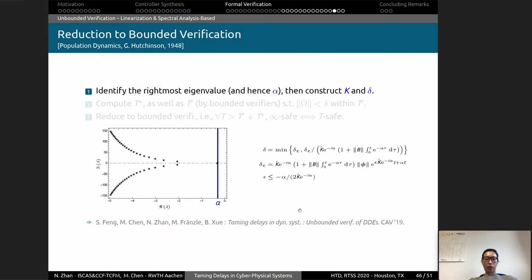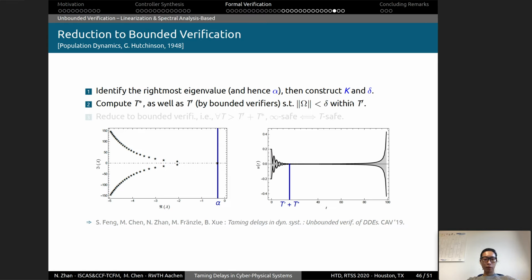So similarly for nonlinear differential equations, by our approach, again, we are able to compute alpha, which is an upper bound on the real part of all the eigenvalues, and then to construct the constant k, as well as the constant delta, which is, you can say, the region of attraction, such that starting from such a region, the solution will always be bounded by an exponentially decreasing enclosure.